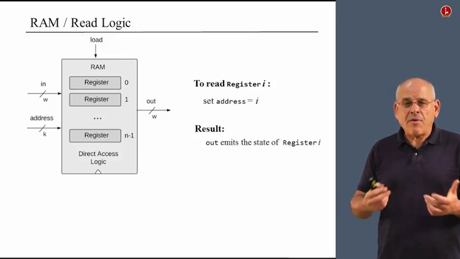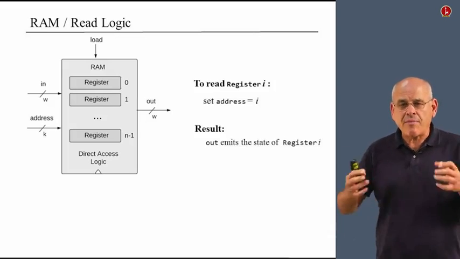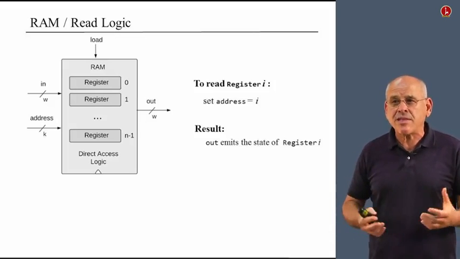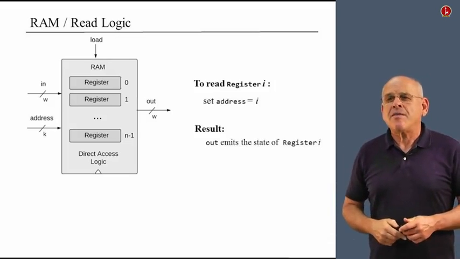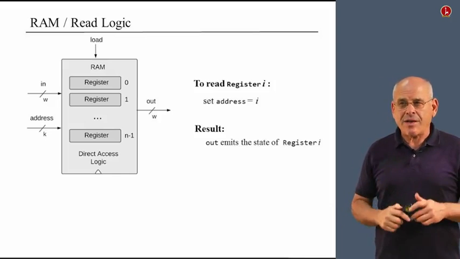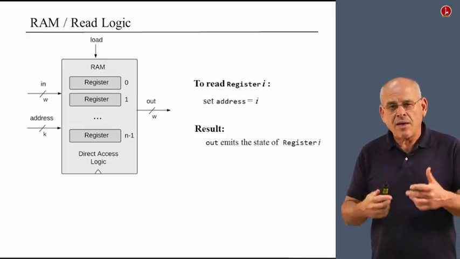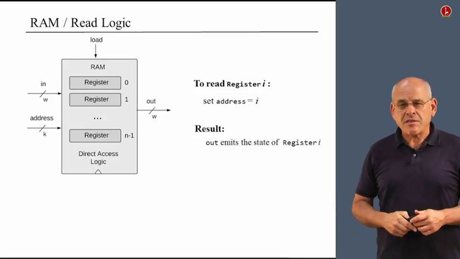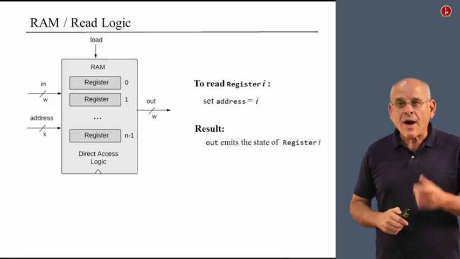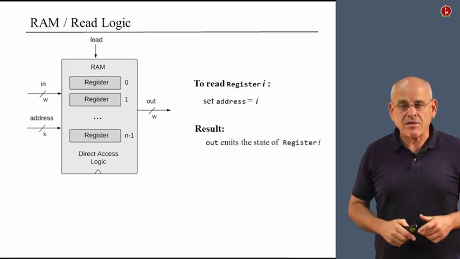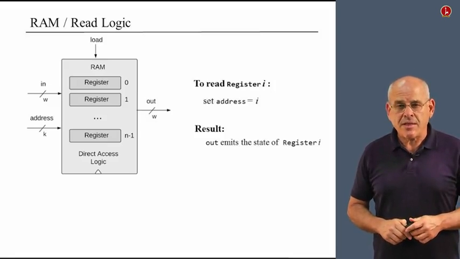The internal circuitry is built in such a way that the out always emits the state of the selected register. So in this case, it will emit the state of register number 5. So that's how we read one register out of the millions of registers that may be present in this RAM device.